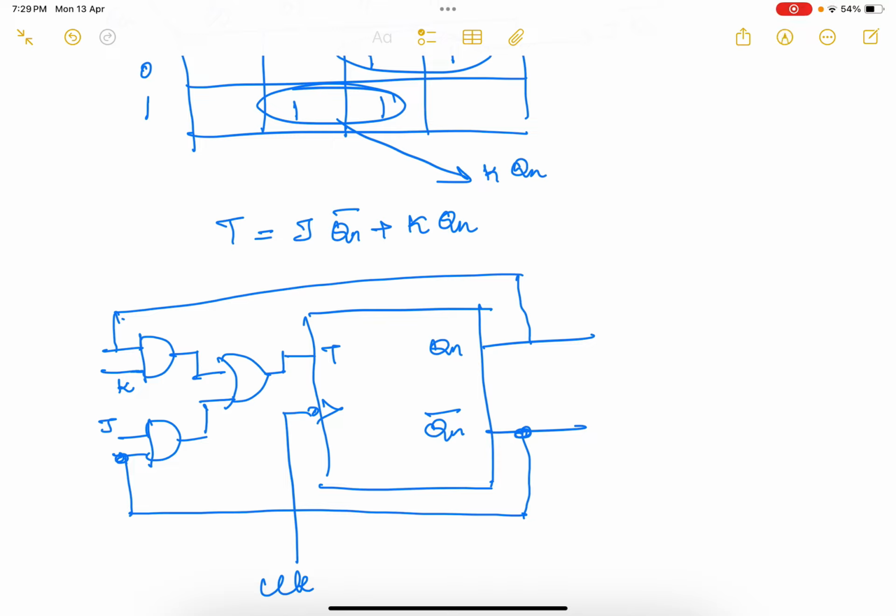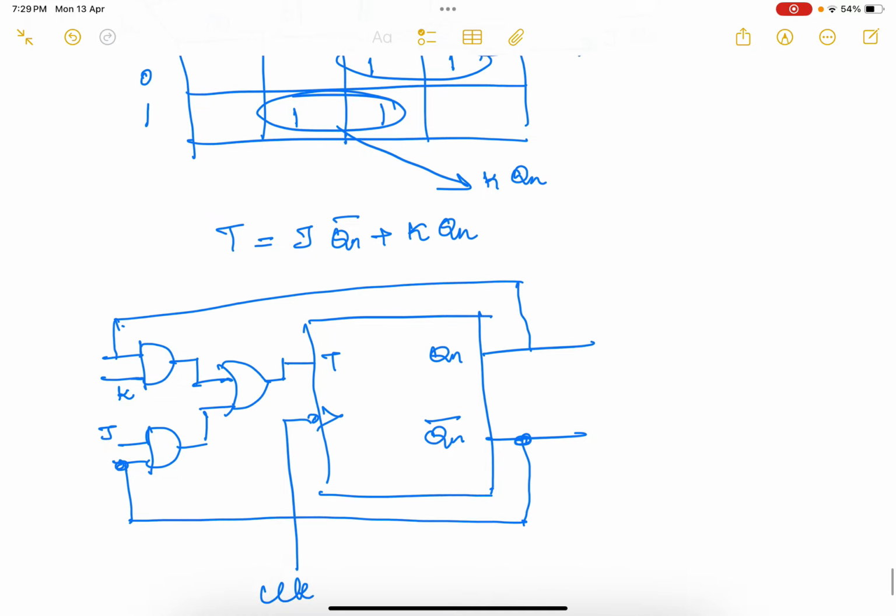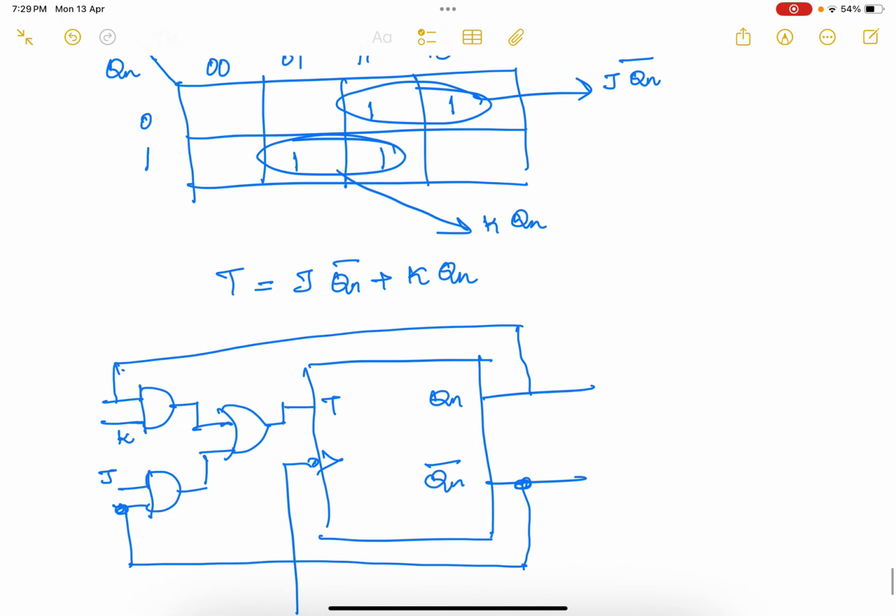Clear? Now we have converted the given T flip-flop to JK flip-flop, where I give the inputs in terms of JK, and I get the outputs Qn plus 1 and Qn plus 1 the whole bar. So you will get your next state as Qn plus 1, and Qn plus 1 the whole bar.